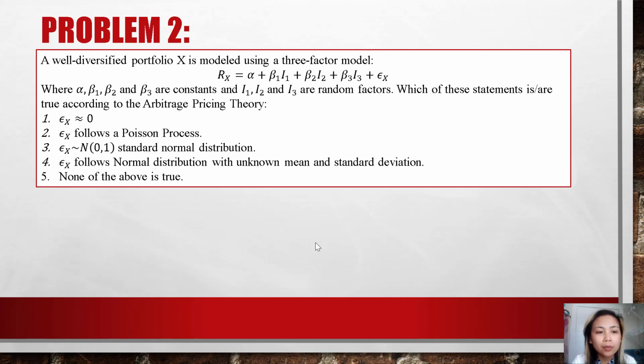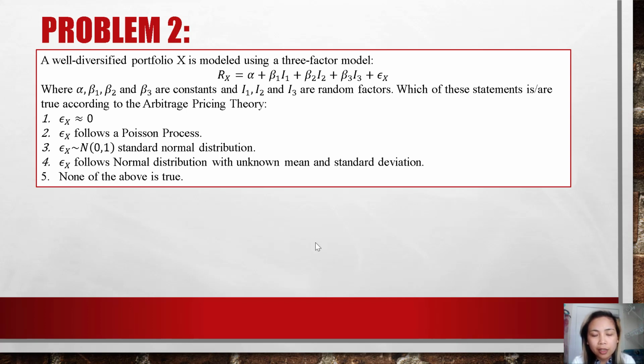Number 1. The epsilon X is approximately 0. Number 2, epsilon X follows a Poisson process. 3, epsilon X follows standard normal distribution. Number 4, epsilon X follows normal distribution with unknown mean and standard deviation. Number 5, none of the above is true.